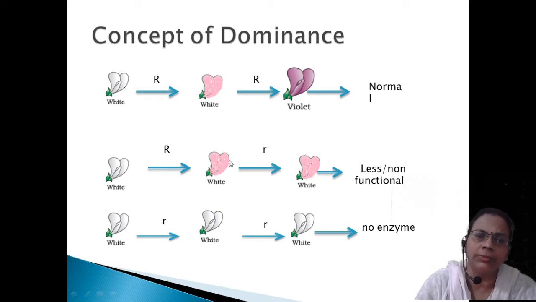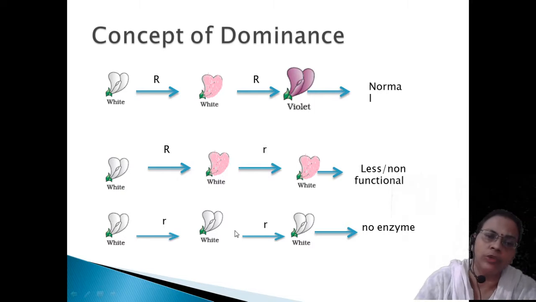In incomplete dominance, one allele will represent a lesser amount of enzyme. If the other allele is also dominant, the full or right amount of enzyme will be produced. That is why there will be a gradual transformation from white to pink and then to red or violet color. If both alleles are dominant, you will get the dominant trait. If one is recessive, you will get an intermediate trait.